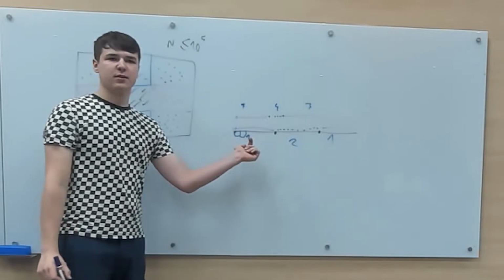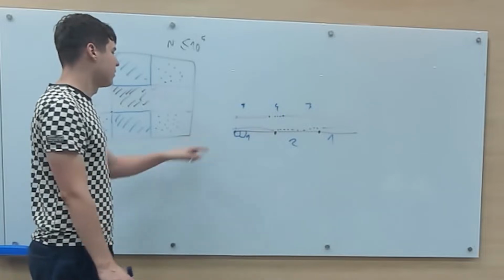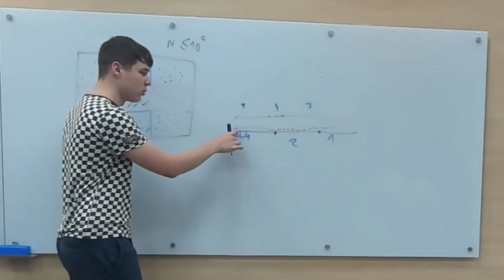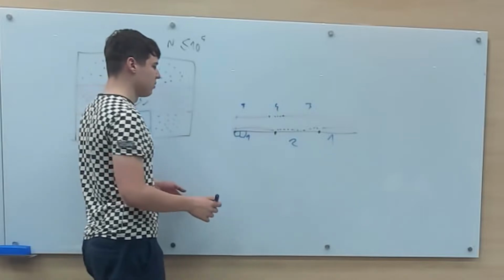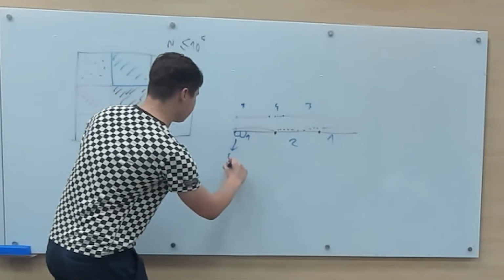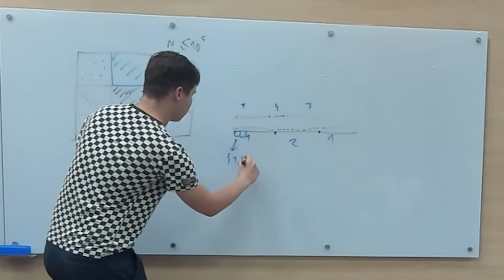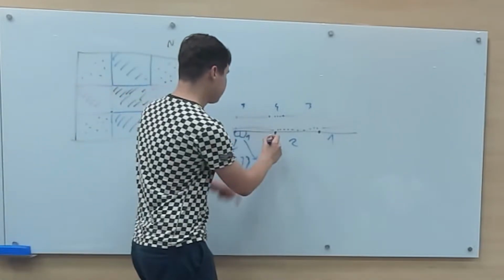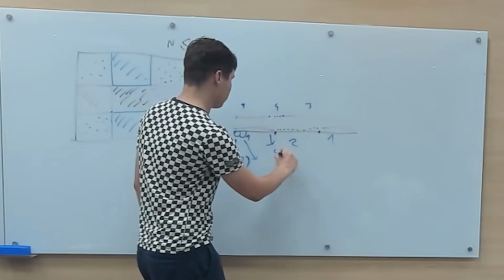So there are segments of length 1, and for each segment of length 1, we see what set of choices we need to pick to get it. So here you get set 1, 3. Here you also get set 1, 3, right? Here you get set 4, 2.